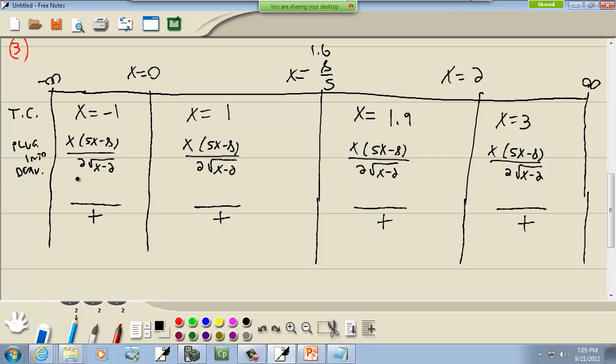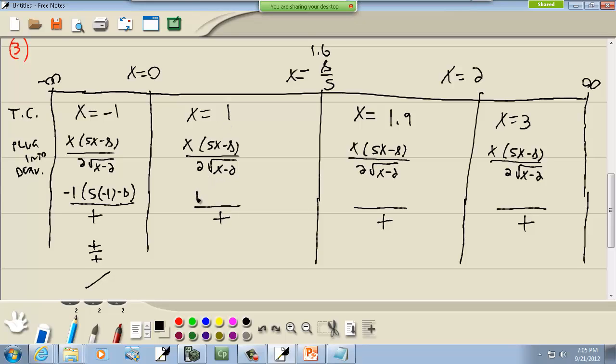Now if I plug negative 1 in for x, I got negative 1 times 5 times negative 1 minus 8. 5 times negative 1 is negative 5, and negative 8 gives me a negative something. Negative times a negative is positive. So this is positive over positive, so it's increasing.